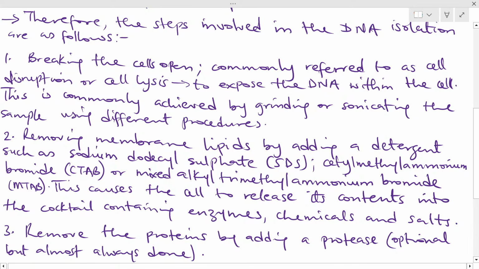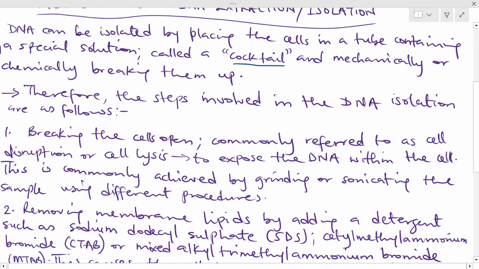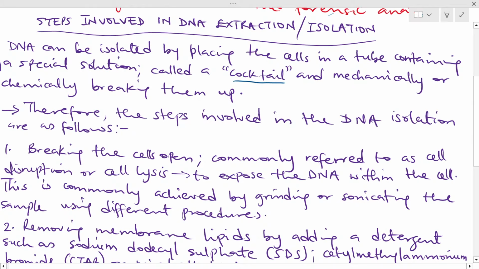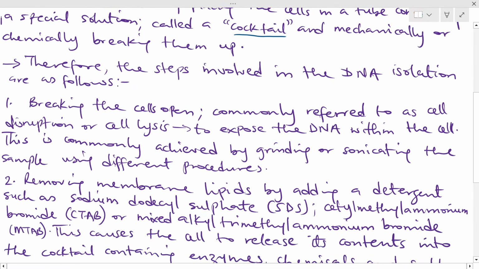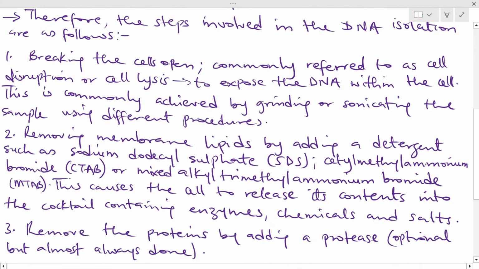So this causes the cell to release its content into the cocktail containing enzymes, chemicals, and such. Remember that in step 1, the first step is that DNA can be isolated by placing the cells in a tube containing a special solution called a cocktail.